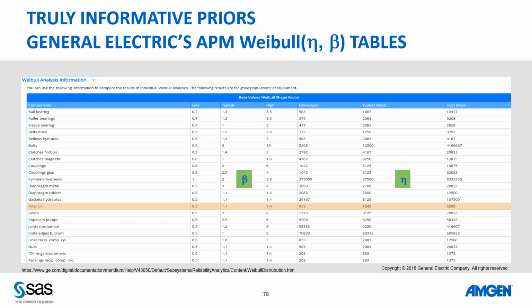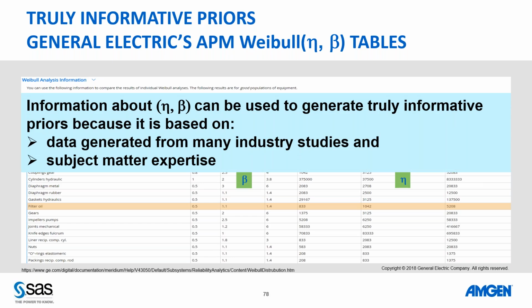So you can see that these tables are perfect for generating prior information because it tells you what the expected value is, gives you a range to define the variance. And if you're using a Weibull, for example, then we'll use this macro. We'll put in this mean and variance, and then we'll get parameters for the distribution. But the thing is that these are generated from many industries, many studies, and from subject matter expertise. So we see these as truly informative priors.